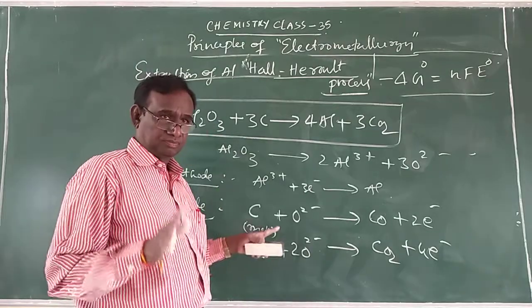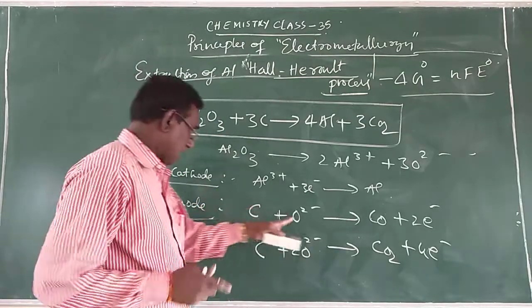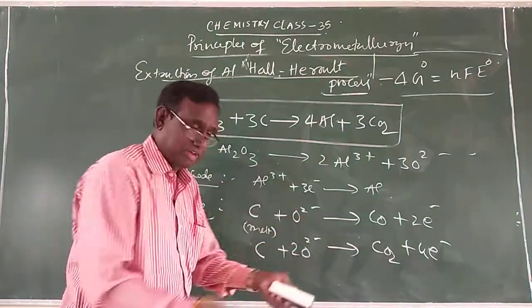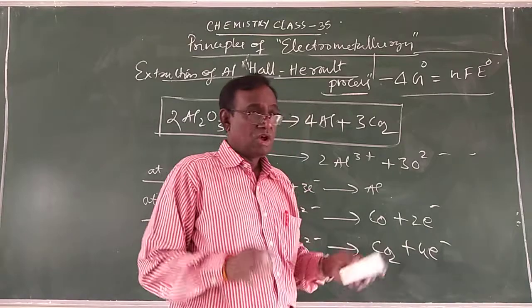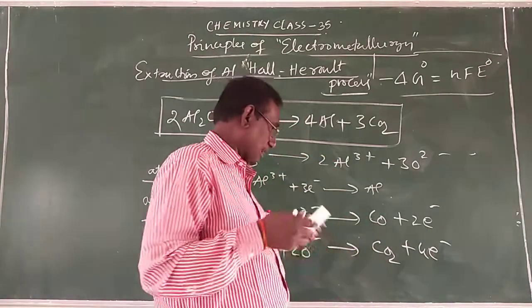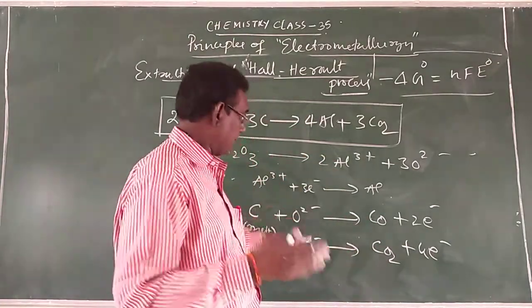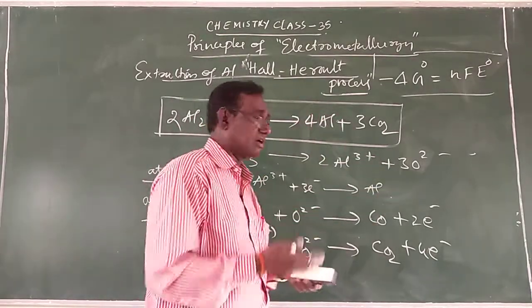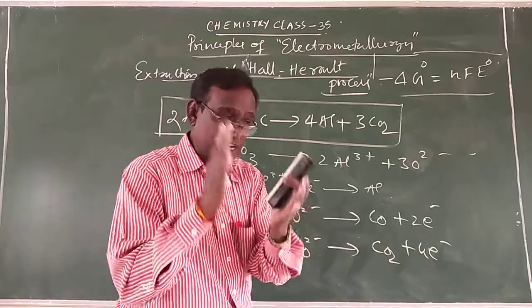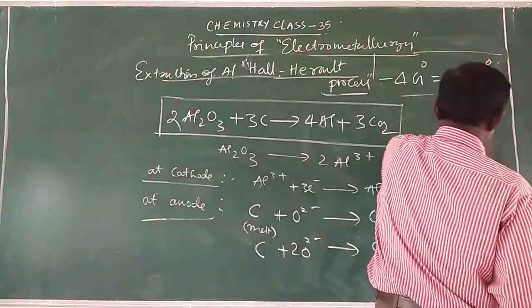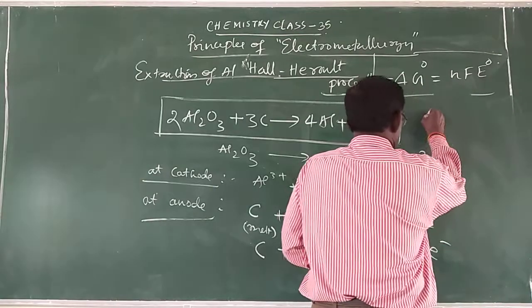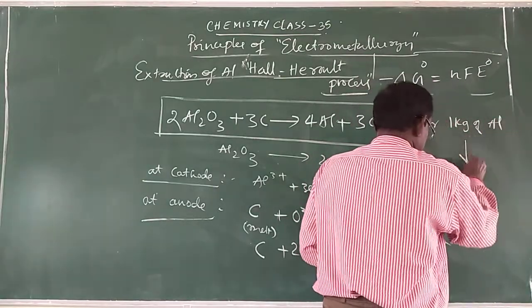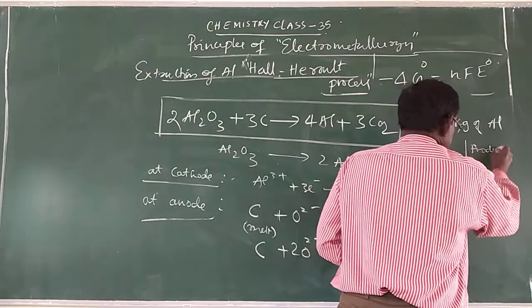During this, the oxygen gas liberated will attach to the carbon anodes. As a result, carbon anodes are burnt away, giving carbon monoxide and carbon dioxide. How much carbon monoxide and carbon dioxide is produced? It depends upon the amount of aluminium discharged.